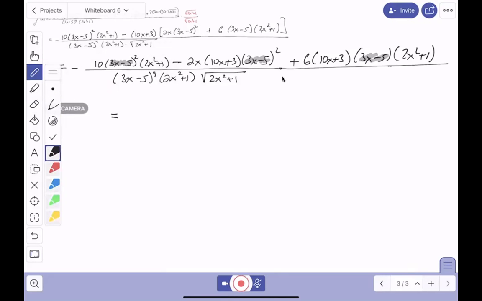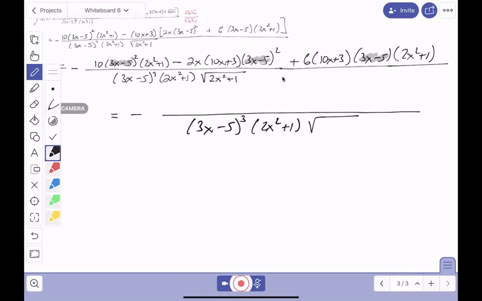Let's write this down. It's still going to be a lot of work, by the way. I'm going to divide top and bottom by 3x minus 5. And let's write down what you get. 3x minus 5 cubed, 2x squared plus 1, square root 2x squared plus 1.